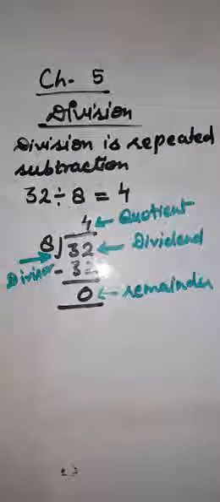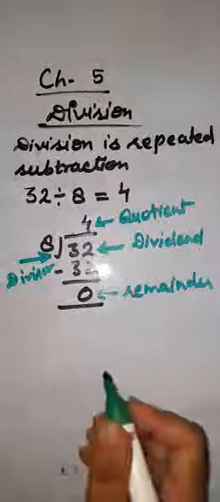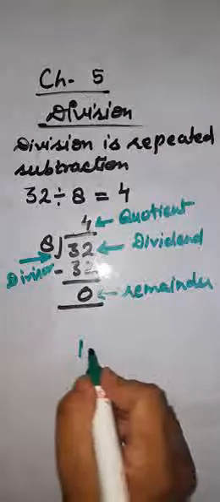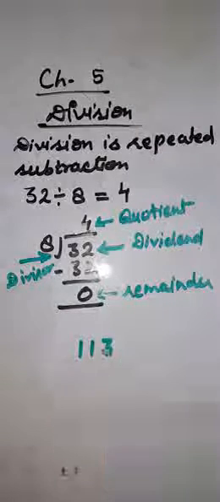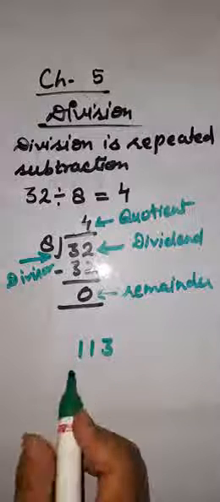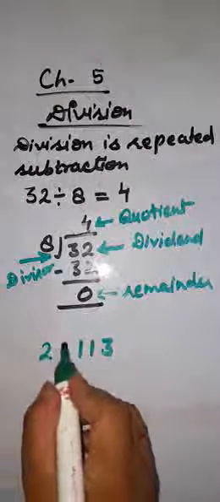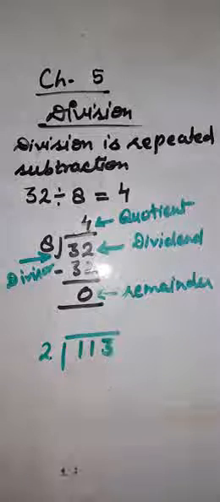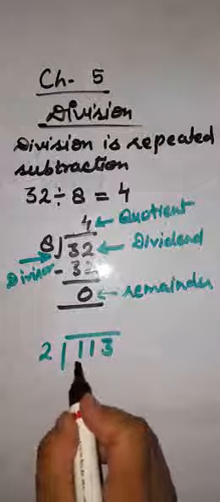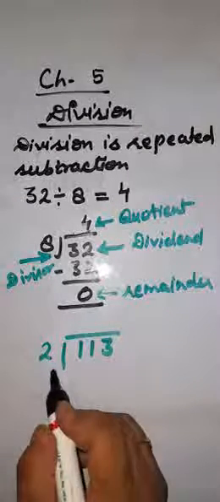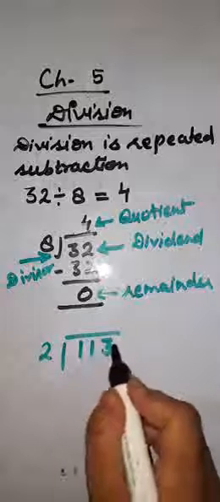Fine. Let's take another example, 113. We just divide this number by 2. Now children, we know that 1 does not come in the table of 2, so we will take 2 digits here.